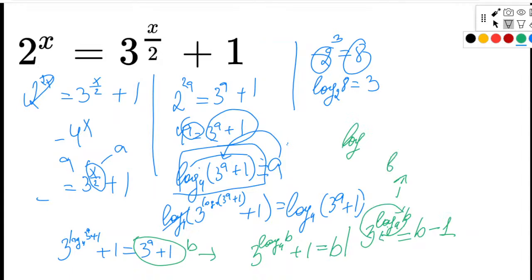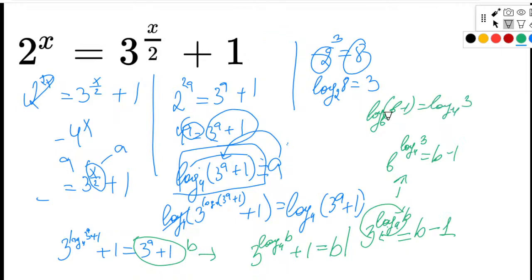So b to the power of log 4 of 3 equals b minus 1. And now we do logarithmics here. So logarithm of b and b minus 1 equals to logarithm 4 and 3.